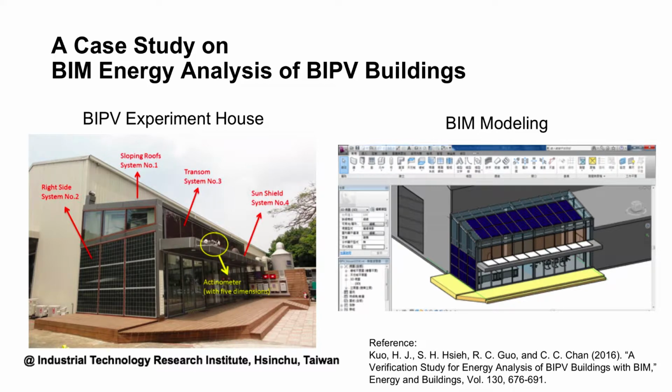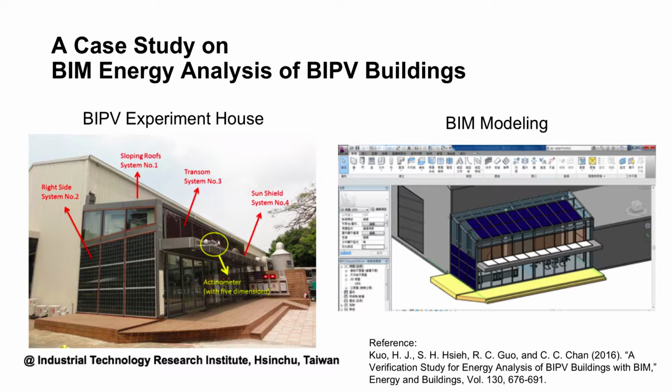Let me use a case study conducted at National Taiwan University as an example to demonstrate how BIM simulation can help on evaluating energy performance of BIPV buildings in the design stage. BIPV stands for Building Integrated Photovoltaic and is a typical solar energy technology product for carbon reduction for buildings.